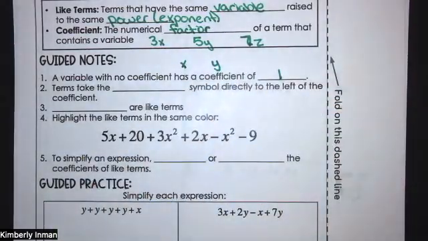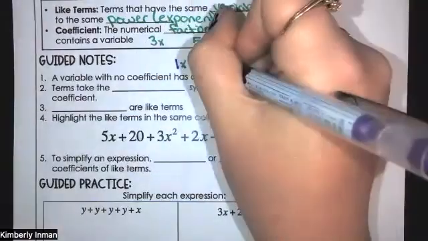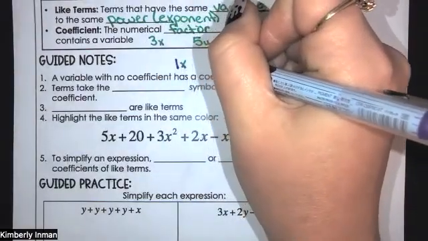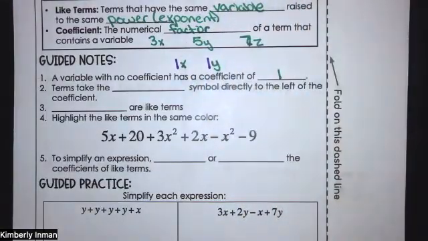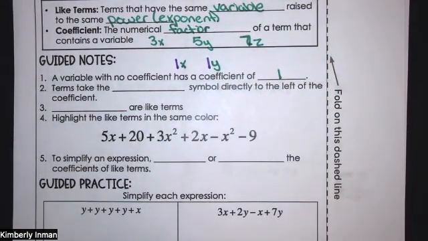There is an invisible 1 in front of those two terms. We don't ever write it, it's too much extra work, but it is there. So you have 1x and 1y.